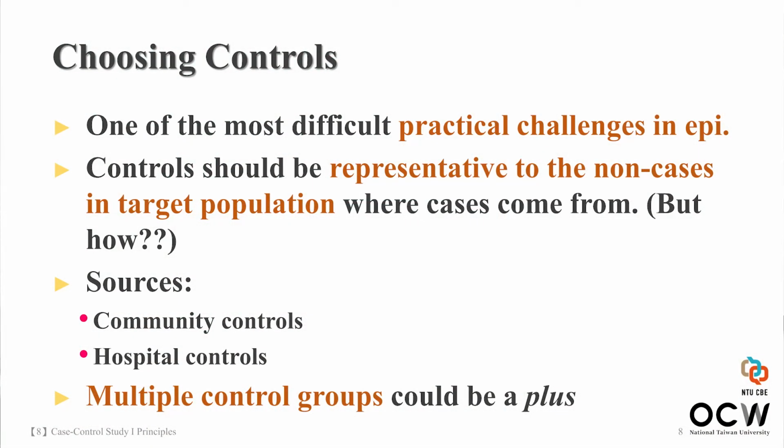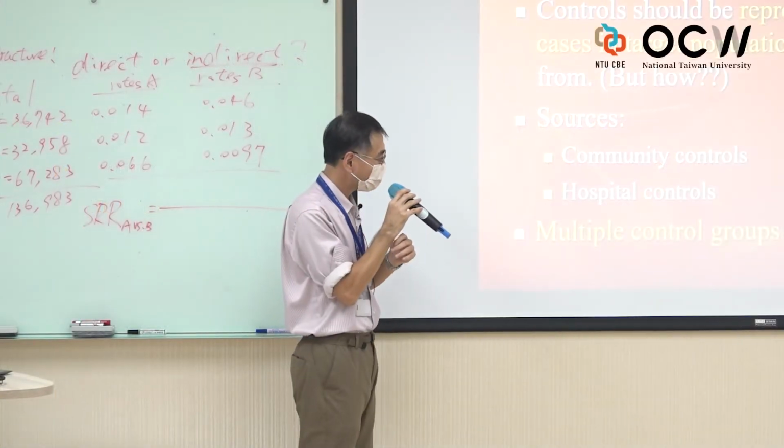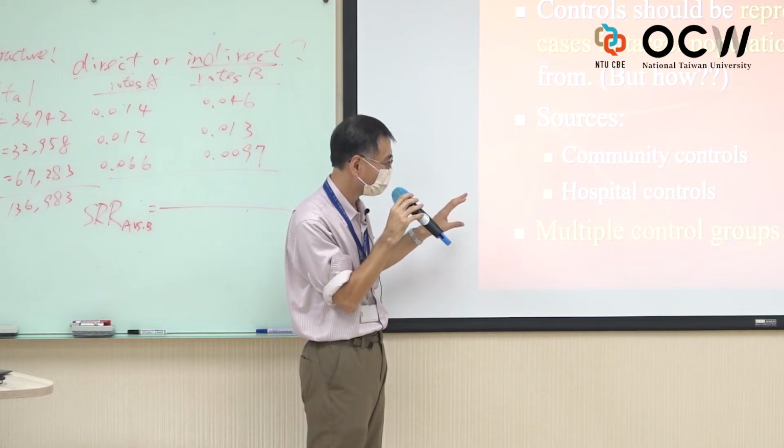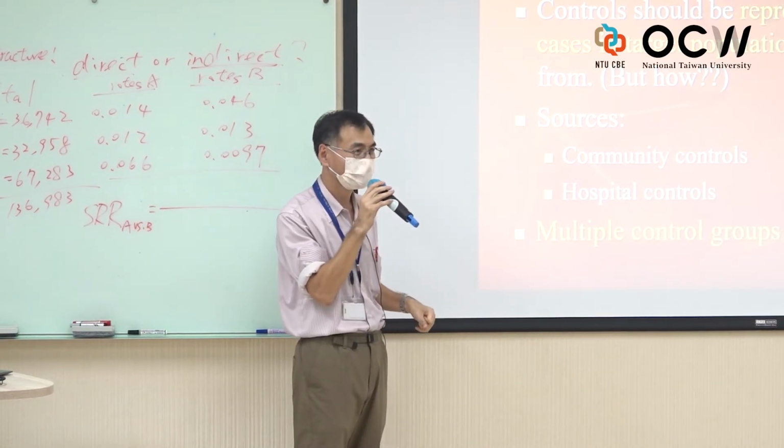Sometimes you could have more than one comparison group as control groups. It could be a plus. It could be a blessing, because you might be able to answer different kinds of questions if you have more than one control group.